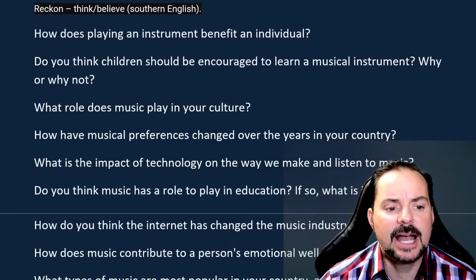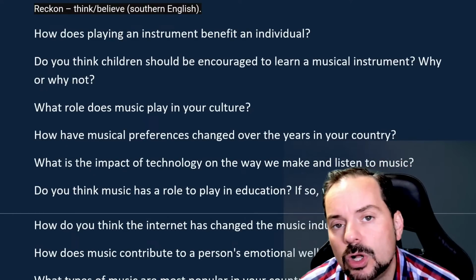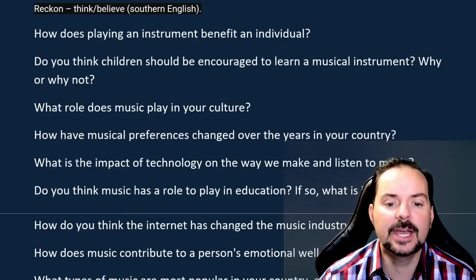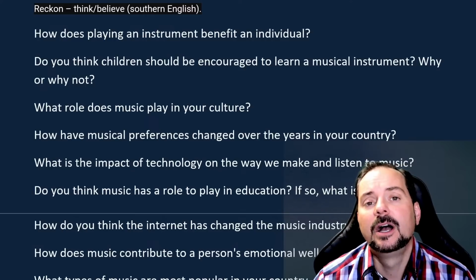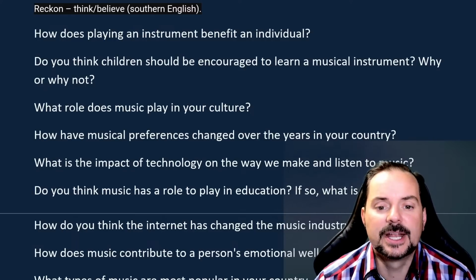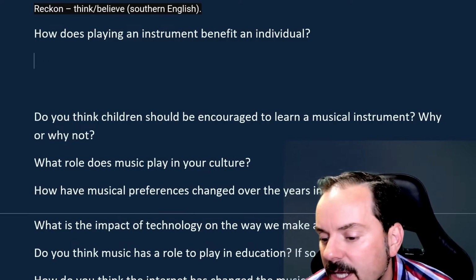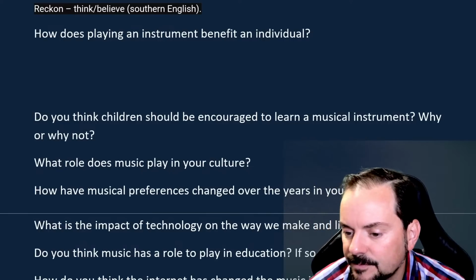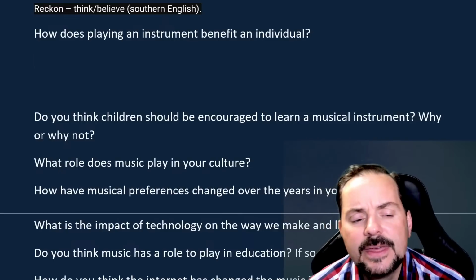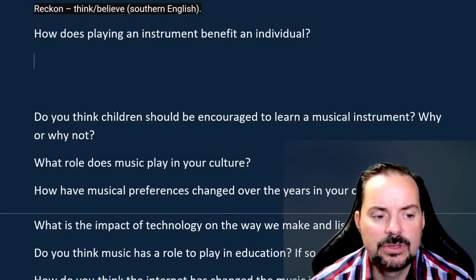Next question. How does playing an instrument benefit an individual? Okay. Think about Amra's situation, playing around the campfire. There are lots of great answers for this. Okay, so how does playing an instrument benefit an individual? Give me a nice full sentence answer. I will do the same, and then we'll compare. While I type, I'll remain a little bit silent, so I'll let you think.